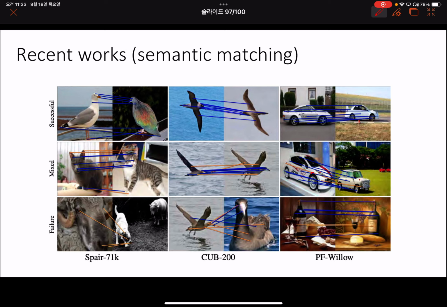And cars have some distinctive points like lights and wheels. Bottles have a top and bottom part. All of these are different objects, but people try to find, for objects from the same category, points that share the same semantic meaning, right? So people try to find semantically consistent points, which is called semantic matching.